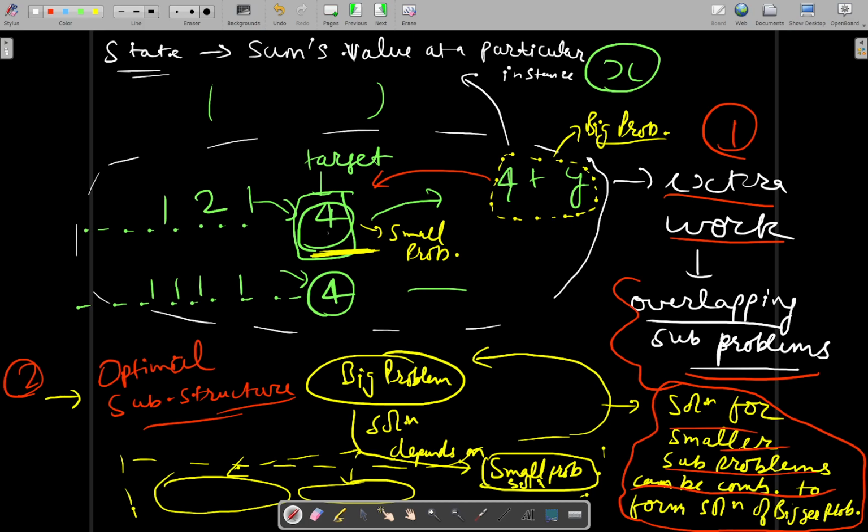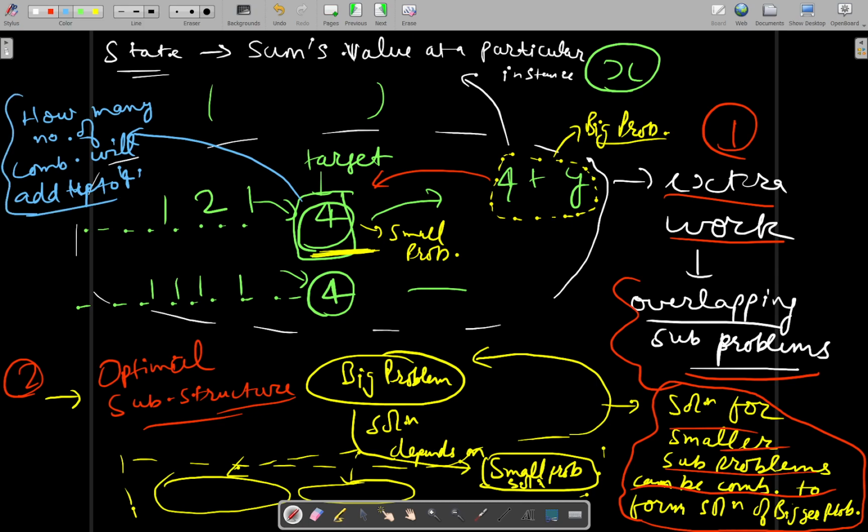So let's say you stored somewhere how many combinations will result in 4, how many combinations will add up to 4. Then you can easily use this stored result when you encounter this 4 again in some other sequence.